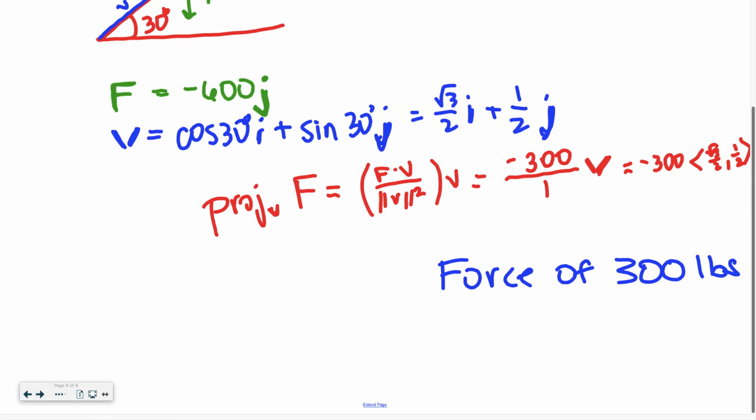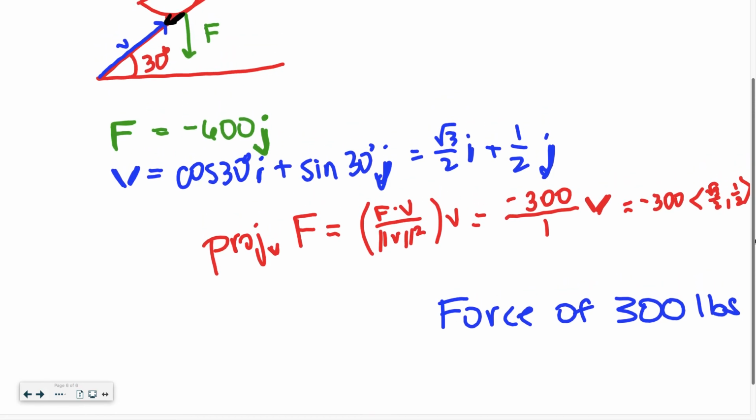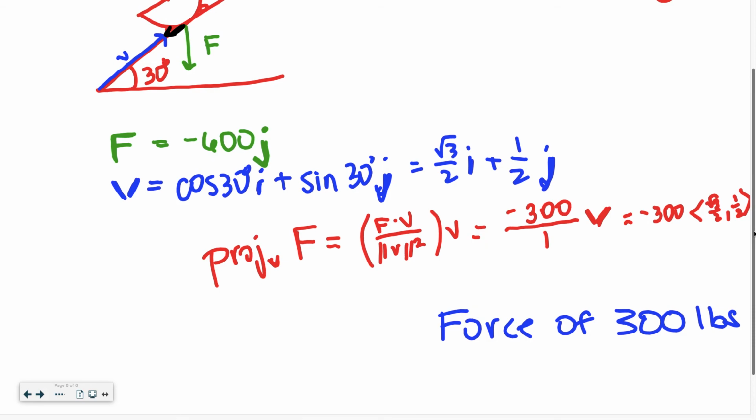I'm confused on how this is working. Is that accounting for the normal force? The projection of F on V, what vector is considering that? And is the 300 less than the friction? Wouldn't you have to account for the normal force and overcome friction too? So it wouldn't be just the weight. This is ignoring the friction coefficient. So it's assuming a frictionless surface, like an ideal surface.